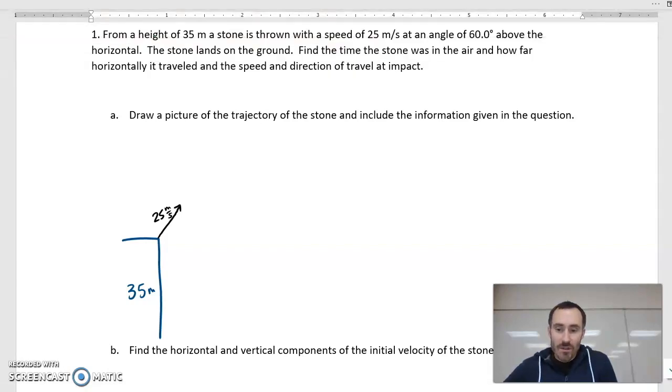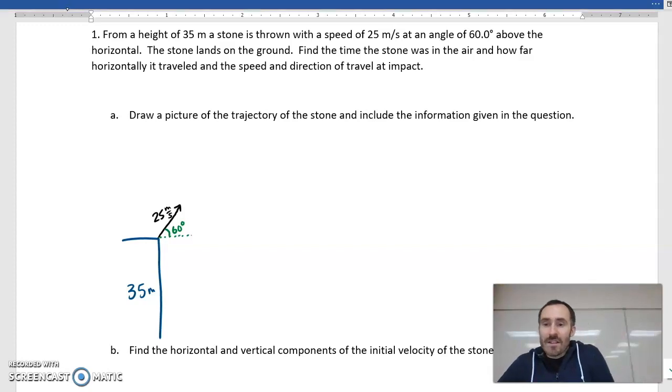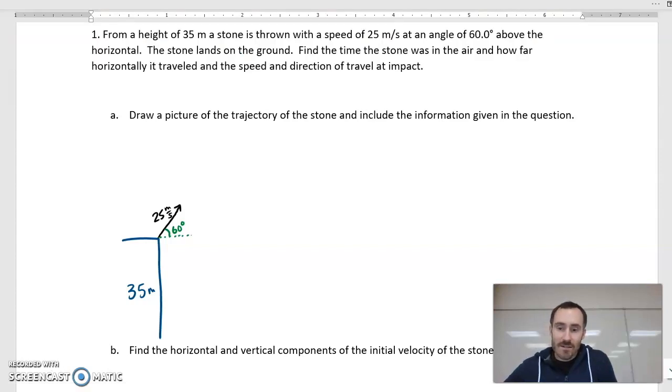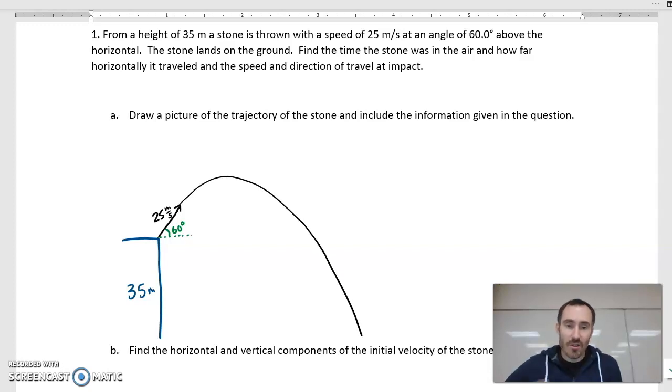That's important. So here's our launch angle, 60 degrees, and the trajectory of this object is going to look something like this. There you go, there's our drawing.